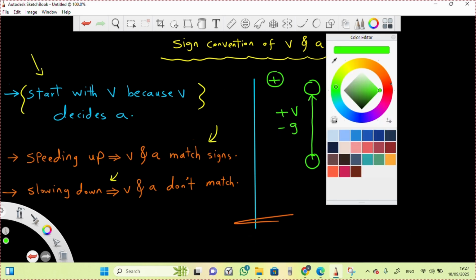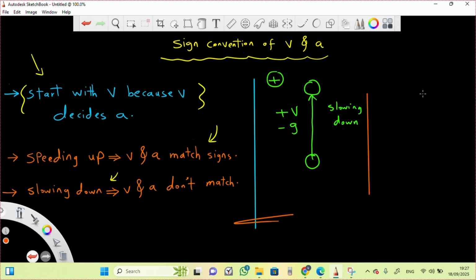What about the object going downward? By the way, downward, by convention, is the negative direction.